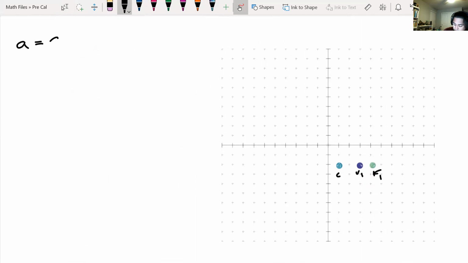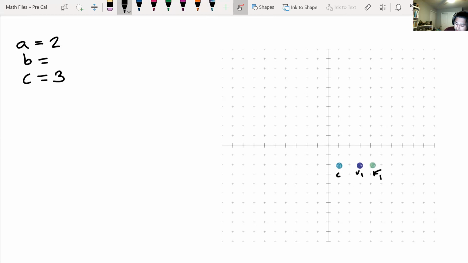We don't know B yet, but we know C. What is the distance from center to focus? 3. Good.